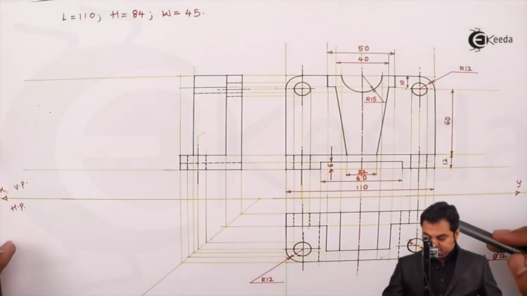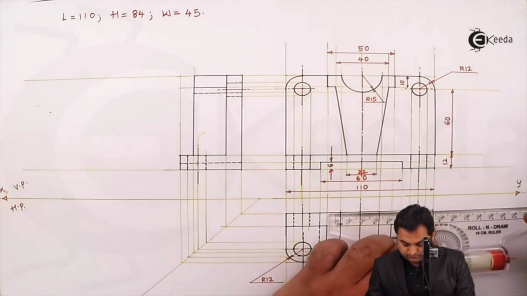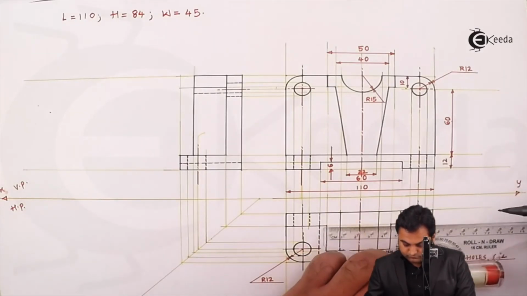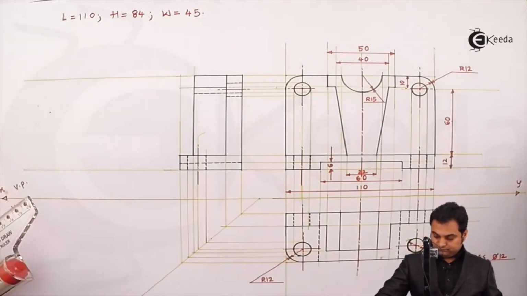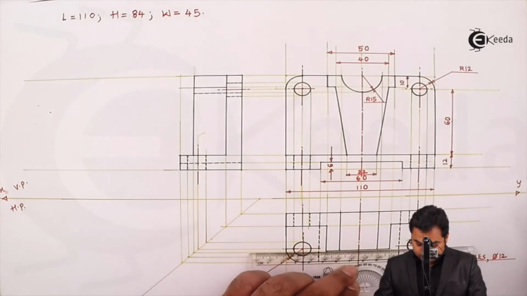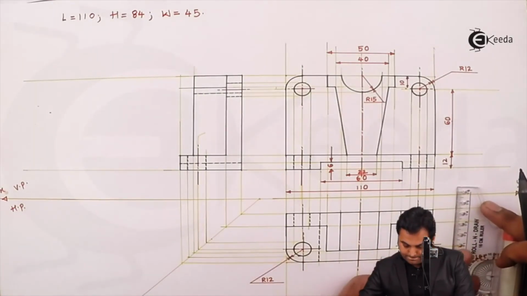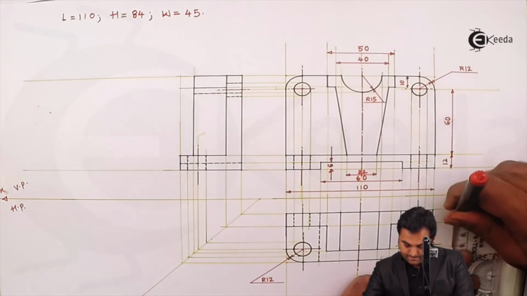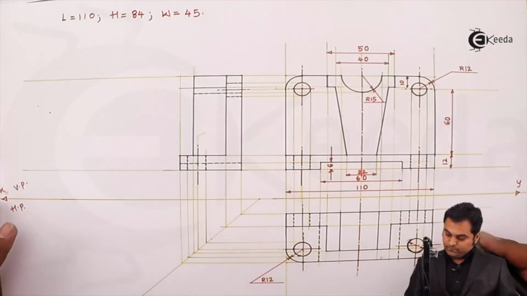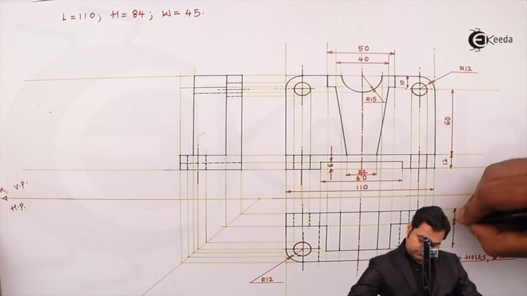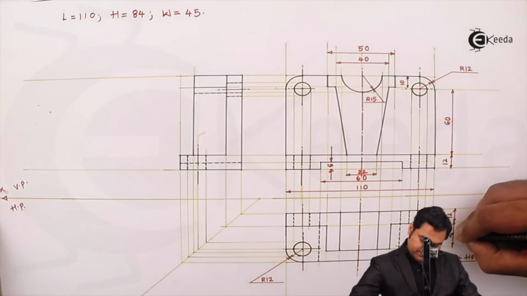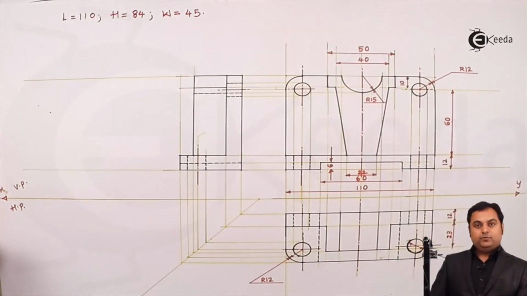Then this plate is having a width of 12 mm. Here this is 12 mm, and we have this as 23 mm extended portion.